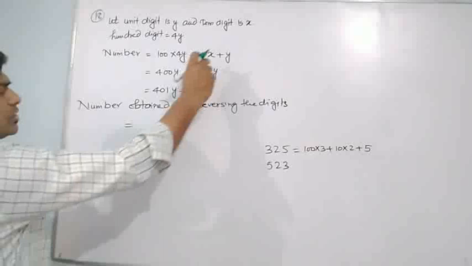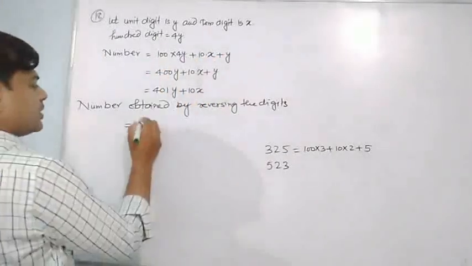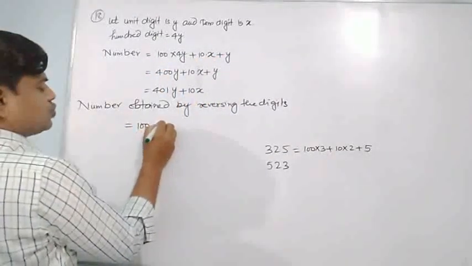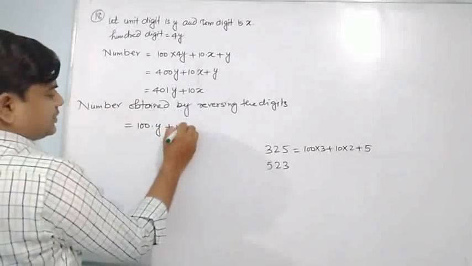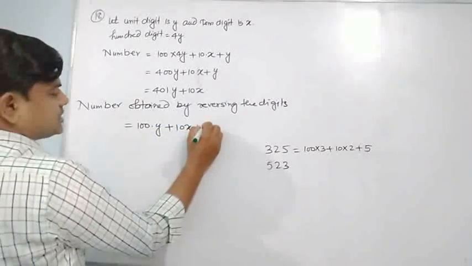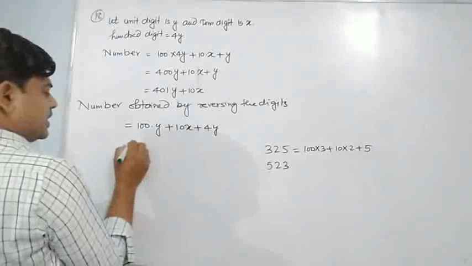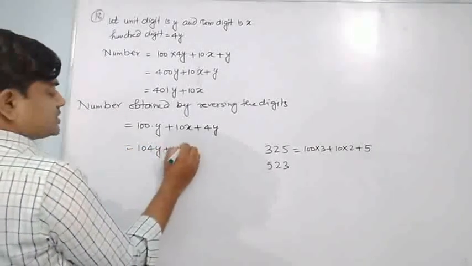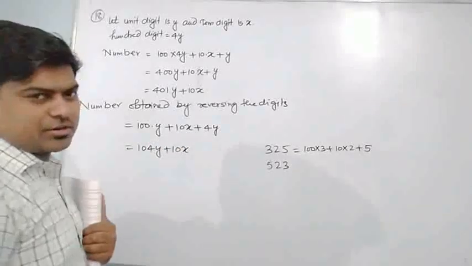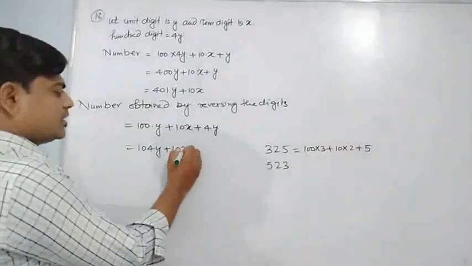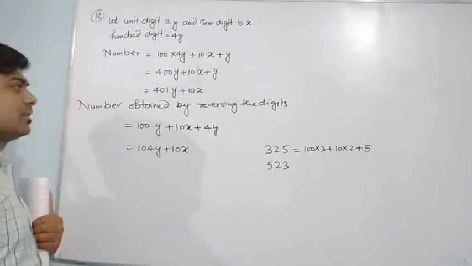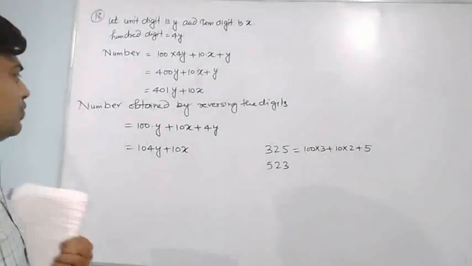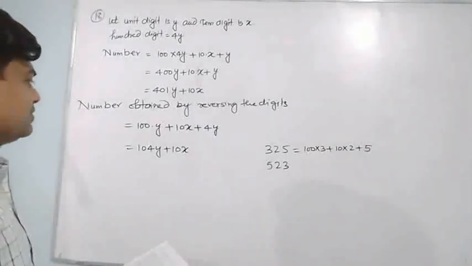It is equal to 100 into y plus 10x plus 4y. I can write here 104y plus 10x. Got it? 104y plus 10x. Now, what has been given in the question?